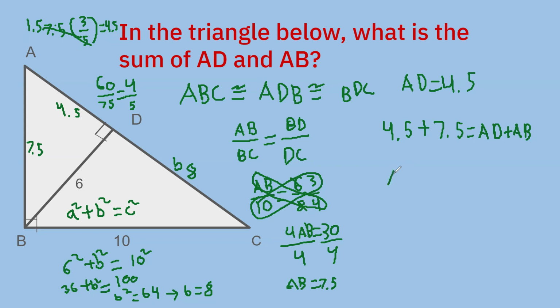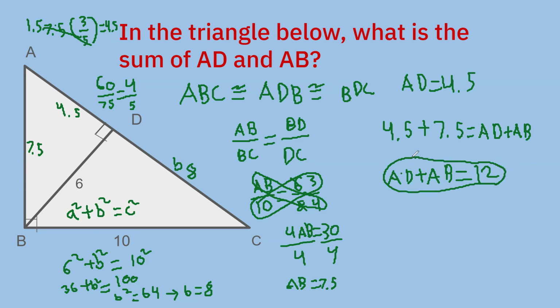So AD plus AB equals 12. All right, all that work for a nice clean number, which I prefer to having all that work for an ugly number because it's just nice to have a nice number. Feels like you've simplified the world.